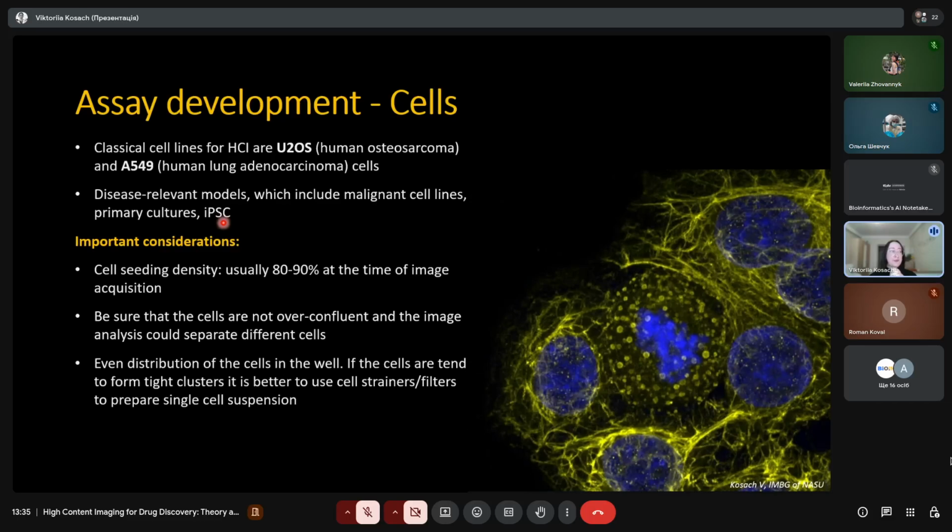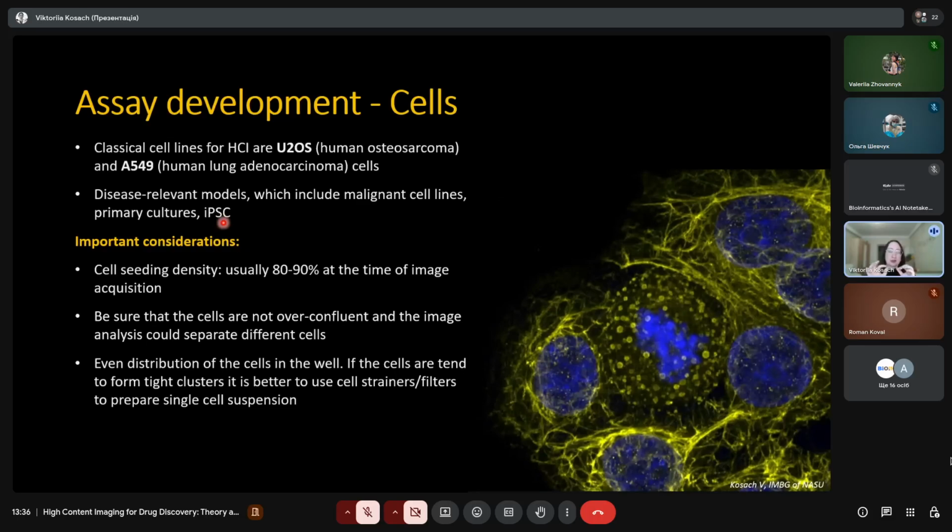But you should remember that some cell lines, especially normal cell lines, for example, human dermal fibroblasts or human embryonic kidney cell line, have a very small amount of cytoplasm, and it will be really challenging to detect any changes in cellular compartments if you need to.